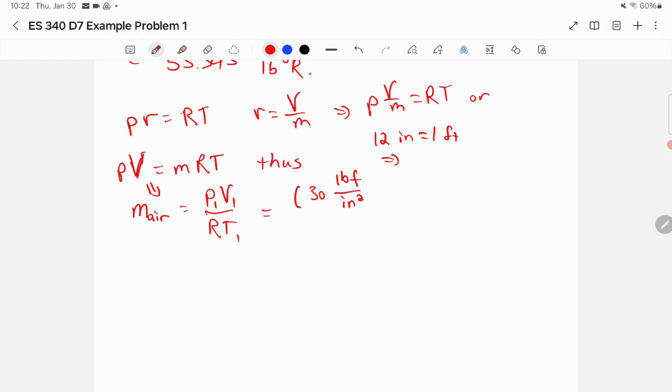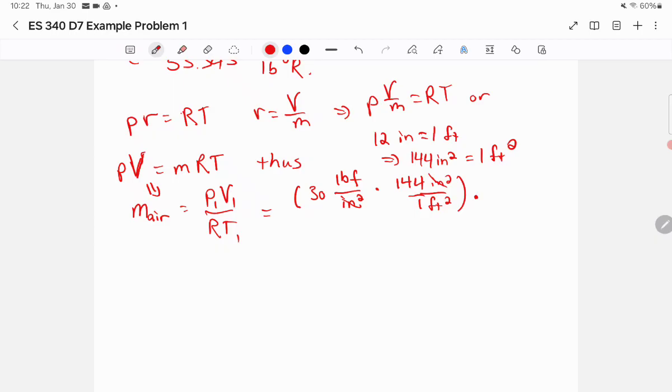So that means that there's 144 inches squared in 1 foot squared. So we can use that to our advantage. We know that this has got to be 144 inches squared per 1 foot squared. So those will cancel out, and that'll give me something in pound force per foot squared, which will be convenient because that's my pressure here.